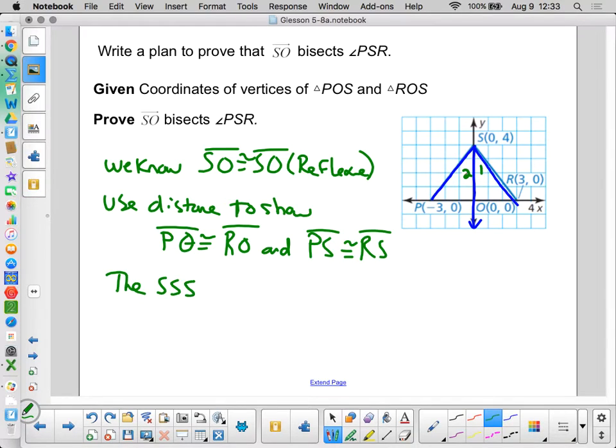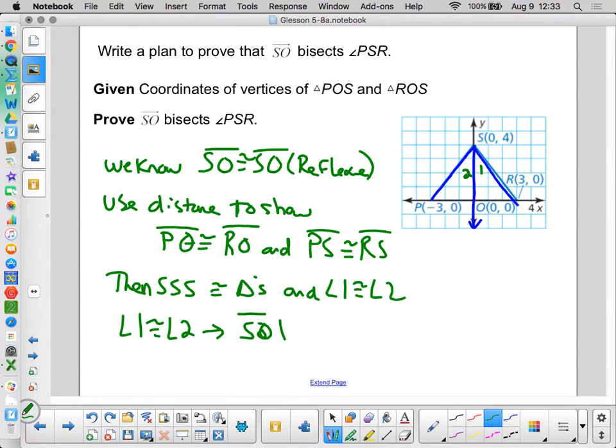Then side, side, side congruent triangles and angle 1 congruent to angle 2. Okay, if angle 1 is congruent to angle 2, that means SO bisects angle PSR.